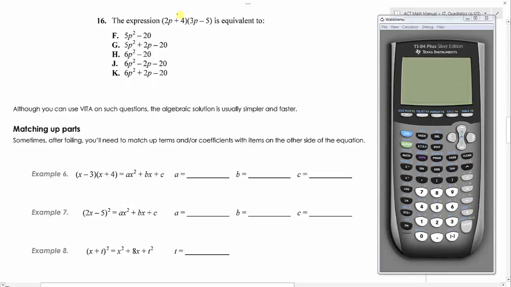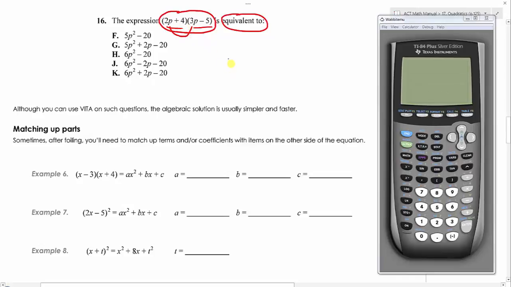So as long as you take these one step at a time, and make sure that you're being very systematic, they shouldn't be too difficult. So they want to know which of these answer choices is an equivalent expanded or FOILed form of these factors. So let's do this one step at a time.